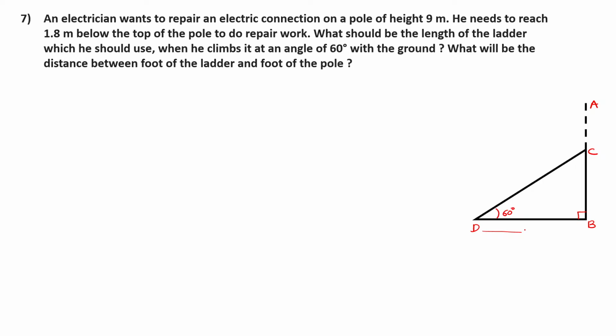This we need to find, let it be x, and the length of the ladder as L, for example. Now this length is given as 1.8 meters. Now the total length is given as 9 meters. Okay. Now let us write very clearly. Let AB be the height of the pole.